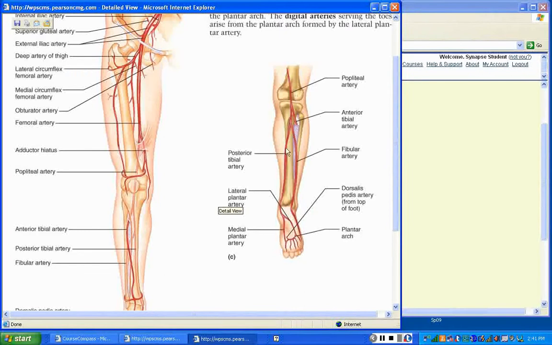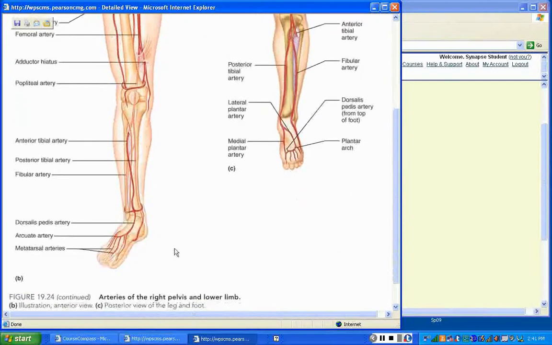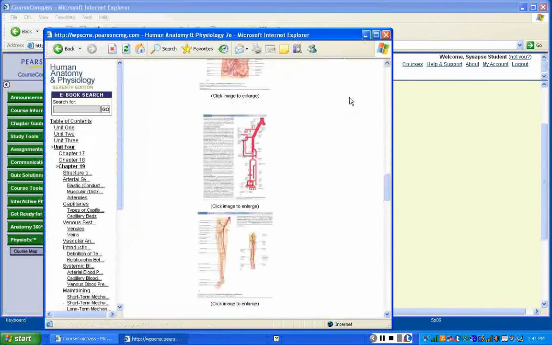This is the main branch coming down. It's posterior. And this is another branch that goes to the side the same way as that one. Second branch is called the fibular. So I think it's a good job of showing it. Remember, when you turn your leg around, this is now outside and this is inside. Big toe, little toe. Versus here, big toe, little toe out there. Something you always have to keep in mind when you're doing anatomy.